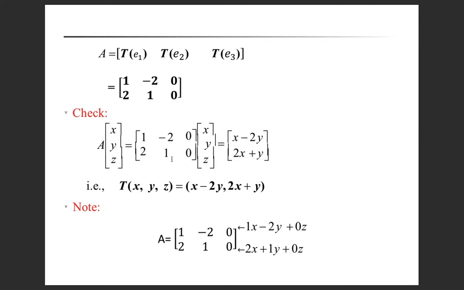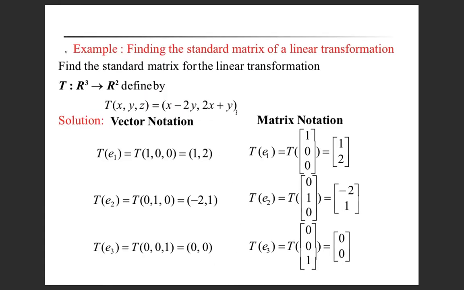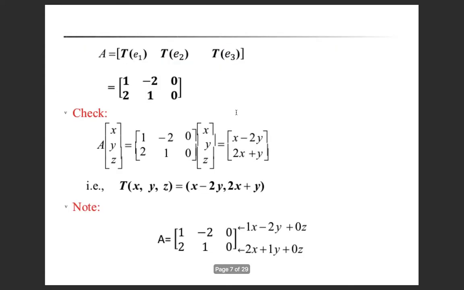Second row: 2 into x plus 1 into y plus 0 into z, so 2x plus y. So T(x, y, z) is equal to (x minus 2y, 2x plus y), and this was the given transformation.